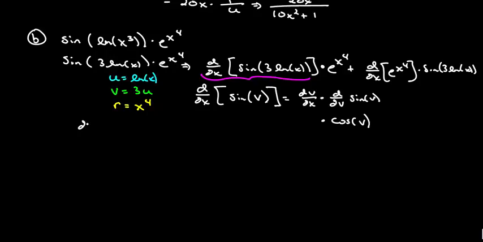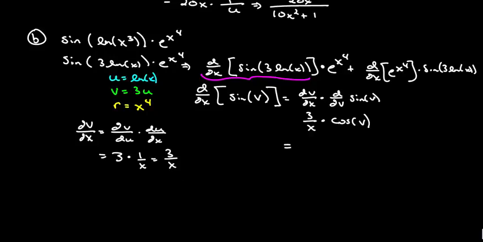Well, dv/dx should be equal to dv/du times du/dx. So we have to take dv/du, which is 3, and multiply it by du/dx, which is 1 over x. So this gives me 3 over x.